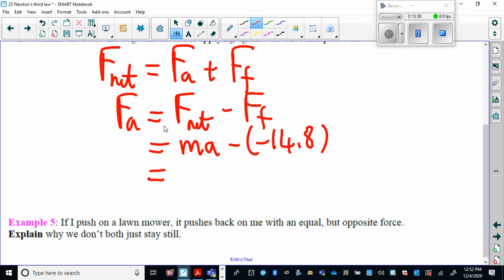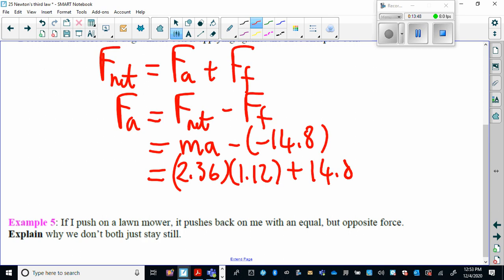Therefore, the number here is going to be 2.26. It's accelerating at 1.2. Minus really becomes plus. And stick that into your calculator, and you should get 17.4 newtons.